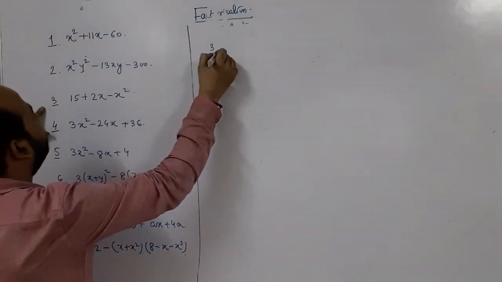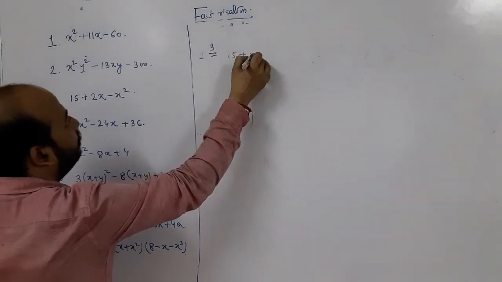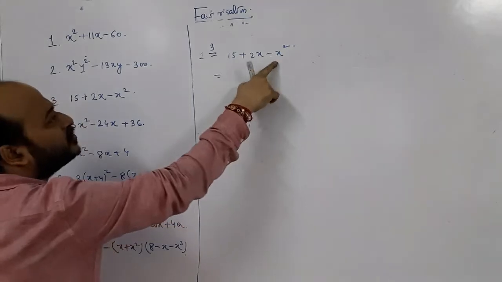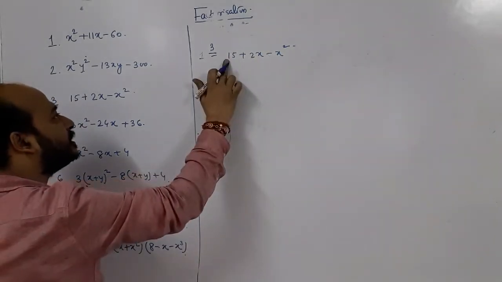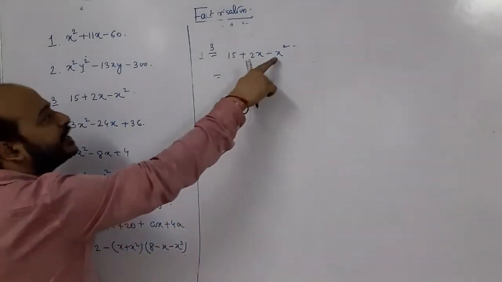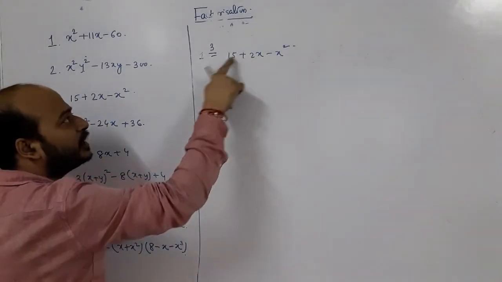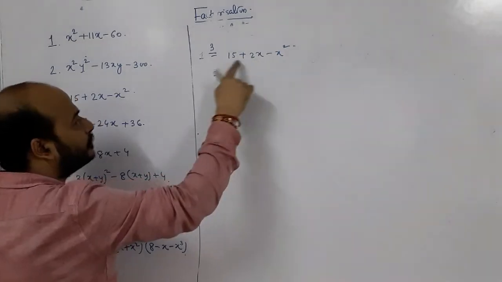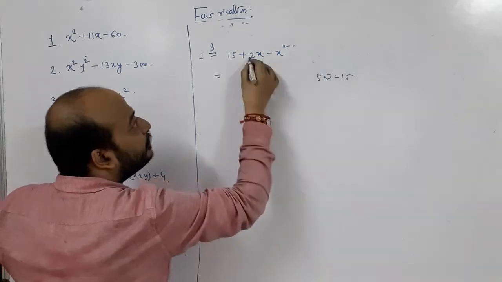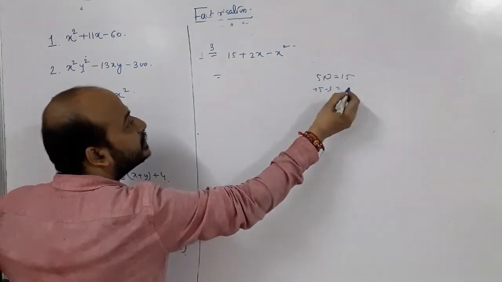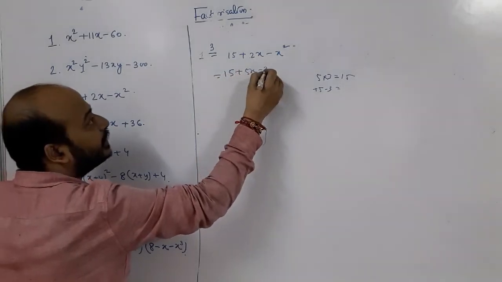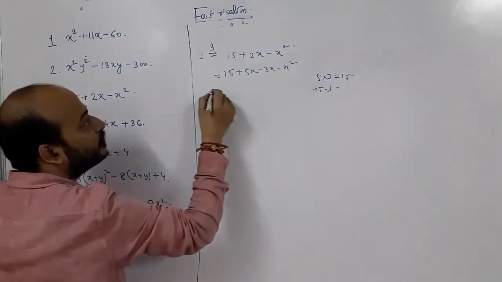Okay, so number 3 again, 15 plus 2x minus x square. It does not matter whether x square is here or here, no problem in doing the normal method. So here you have x square, with x square you have 1, 15, so 1 into 15 is 15. You have to break 15 to get 2, so 5 into 3 is 15, and plus 2 means plus 5 minus 3. So what I get? 15 plus 5x minus 3x minus x square.